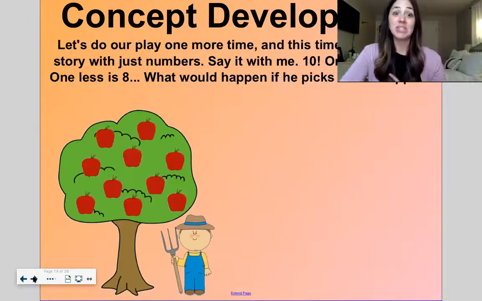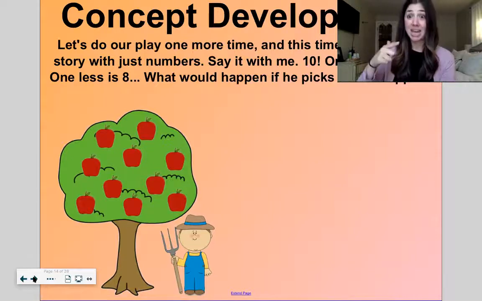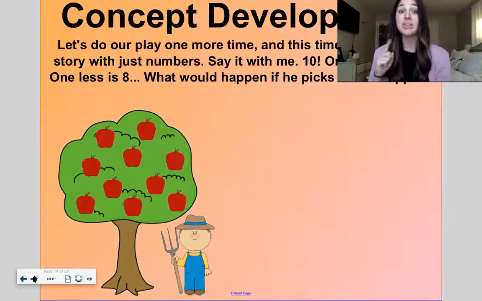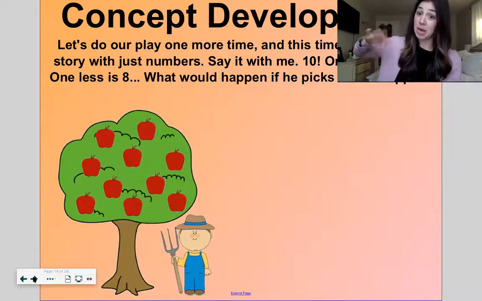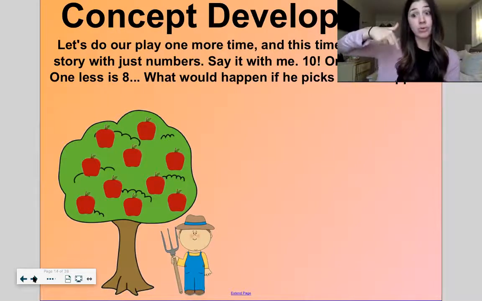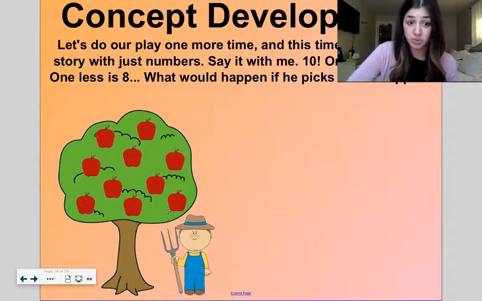Okay, let's do our play one more time. And this time we'll just tell the story with numbers. So say it with me. We'll count 10, 1 less is 9. 9, 1 less is 8, just like we counted the math way when we were counting 1 more. Now we'll count the same way, but 1 less. Ready? So we're starting off with 10.